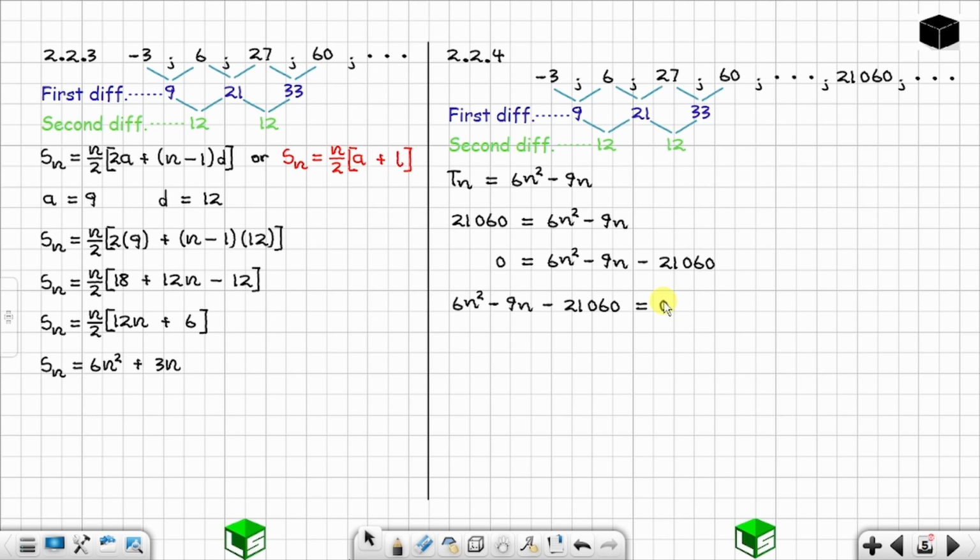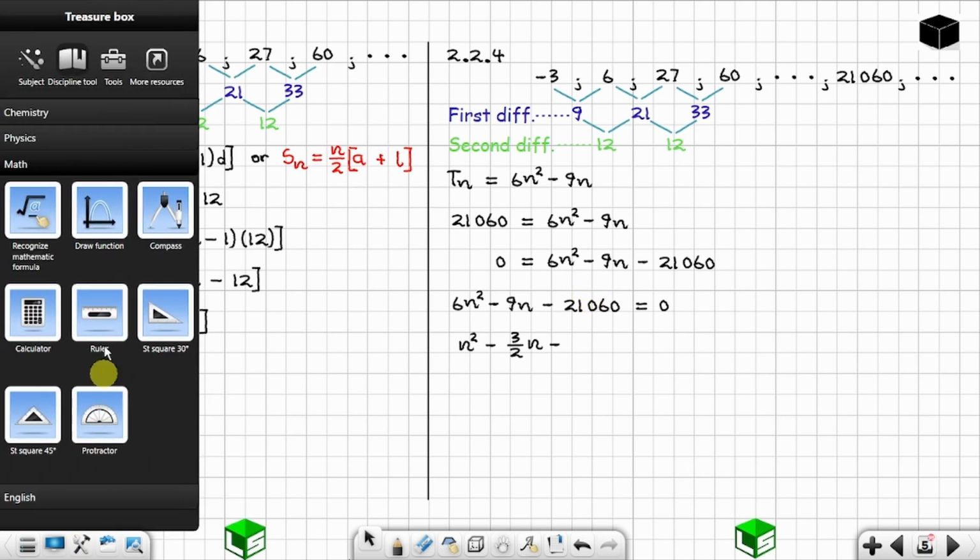I didn't change anything. What we have to do is to get the coefficient of n squared equal to 1. Can you see I can divide by 6 throughout? So you divide by 6, you have n squared minus, you divide 9 by 6, you have 3 over 2, and minus, you divide this by 6, what do you get?